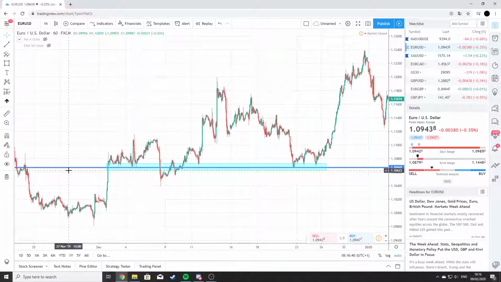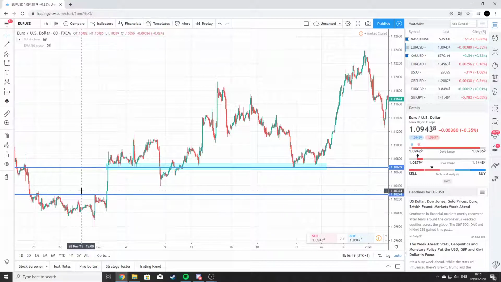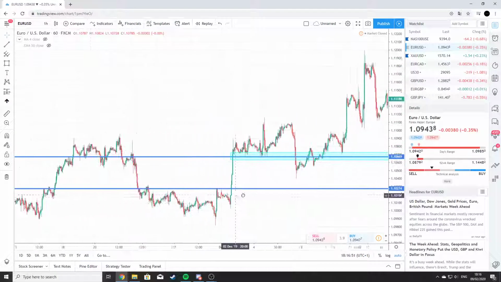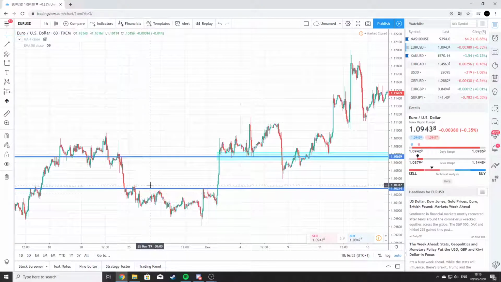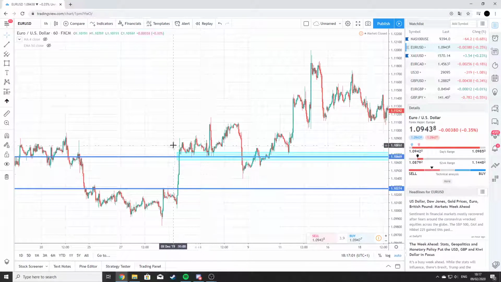All right, so as you can see here, the market broke through this resistance level, because as you can see the market had trouble going up here, here and here. Here it broke through that last resistance level, and we made a new support level here.